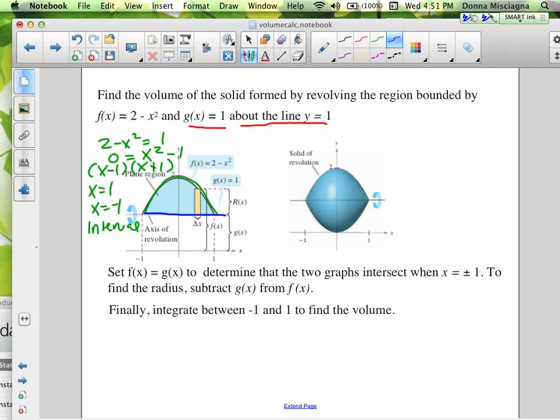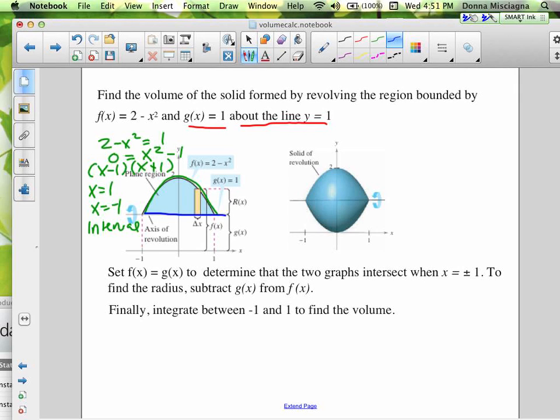When you're using the disk method and you've got two functions, you don't need to worry about it when it's the x-axis, because that would just be y equals 0. Why would you subtract 0? But for y equals 1, we're just going to subtract 1. If you have two functions and you're rotating around something other than the x-axis, that's creating your solid of revolution, you're going to get your radius.